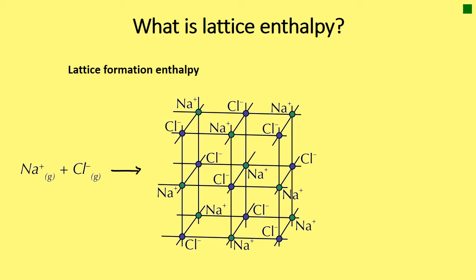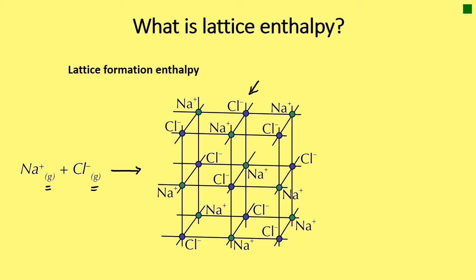So the lattice formation enthalpy for sodium chloride, as we've got here, is when we make 1 mole of the ionic compound from its ions that are in the gaseous state. So notice the state symbols there on the ions.